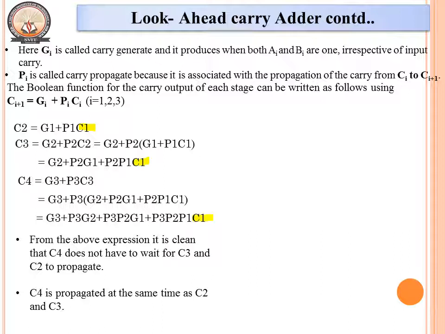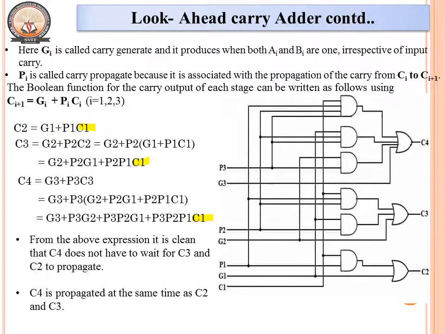So as soon as C1 is generated, all other carries will be calculated automatically. This is the important thing in this look ahead carry adder. As soon as the carry is generated from the first block of your circuit, all remaining carries will be generated automatically. This will reduce your time from 40 nanoseconds to 10 nanoseconds.